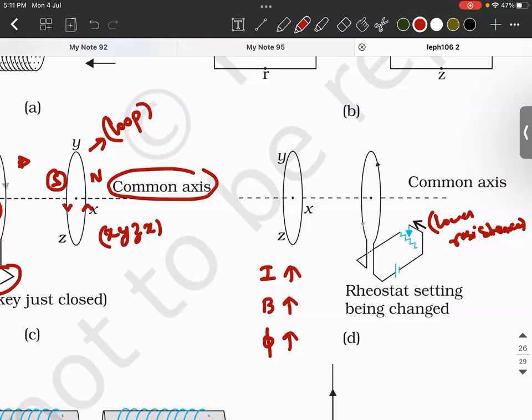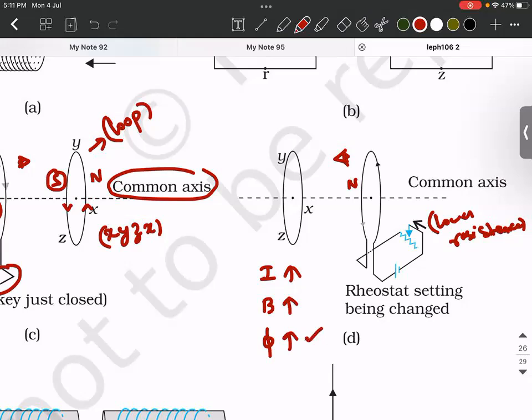For the second part, in this case, where will you see the coil from? You'll see it from here. Is it right? Now, when you see it from this side, what is the direction of current? Anti-clockwise. So this acts like north pole, right? So first thing found, flux is increasing.